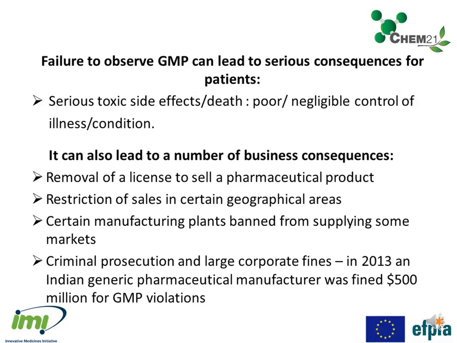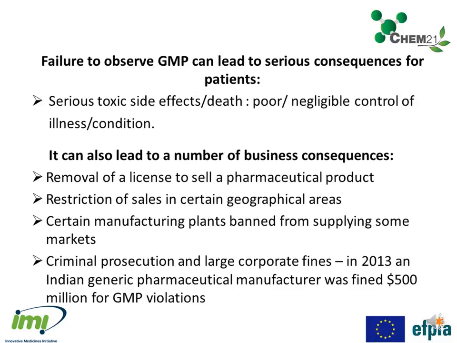So, as we've seen from some examples earlier on in this presentation, failure to observe GMP can lead to very serious consequences for patients. So there could be serious toxic side effects or deaths from impure products. If that tablet contains a lower dose or none of the expected medicine, there could be poor or negligible control of illnesses and conditions.